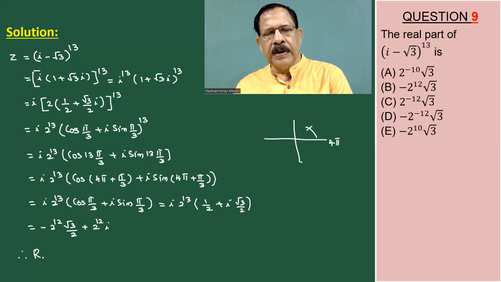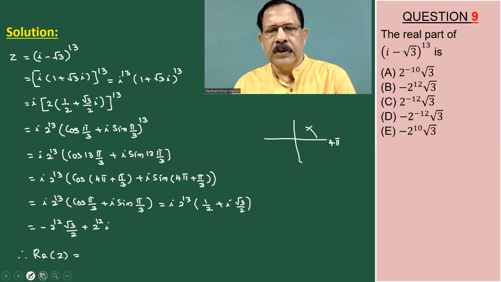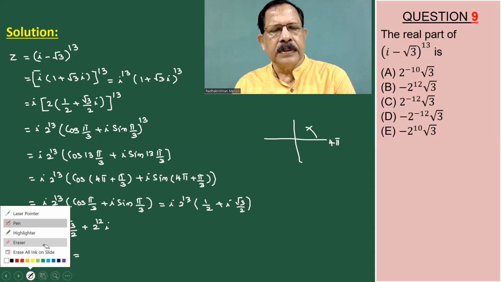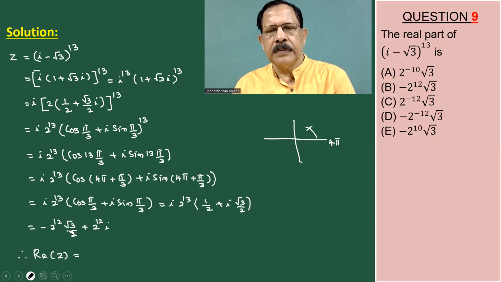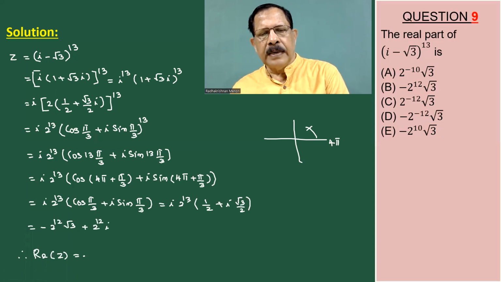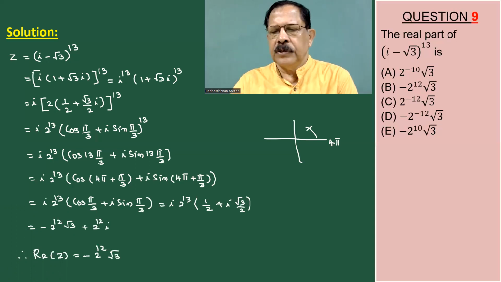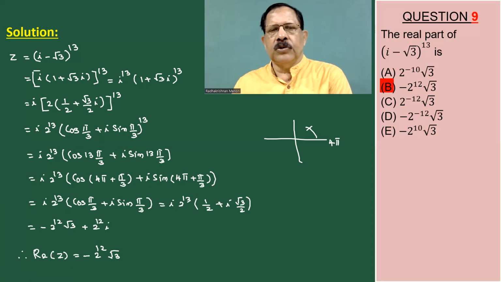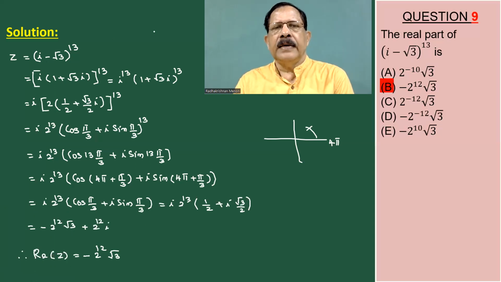Therefore, the real part is equal to minus 2 raised to 12 root 3. That is appearing as option B. So good question, even though the solution is a little bit lengthy. Okay, thank you.